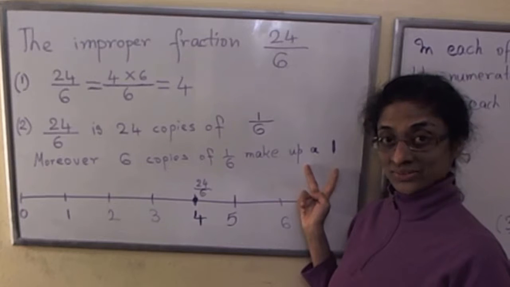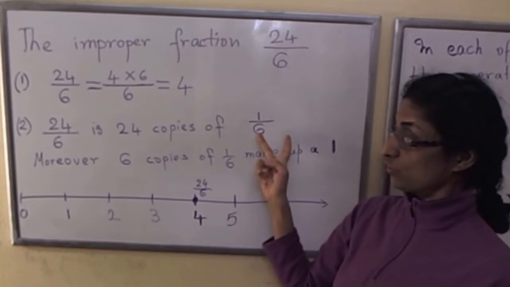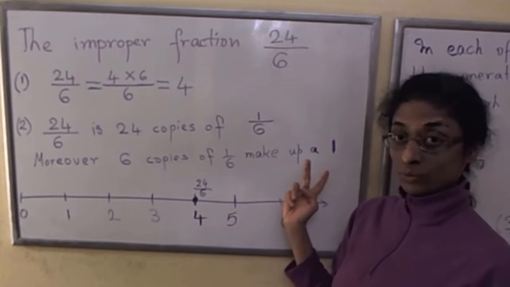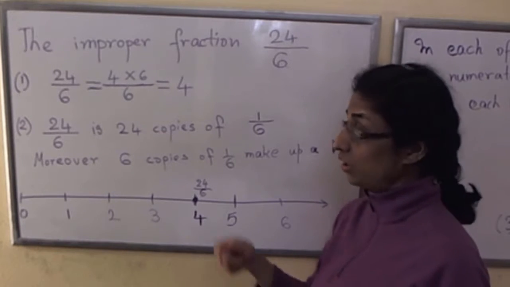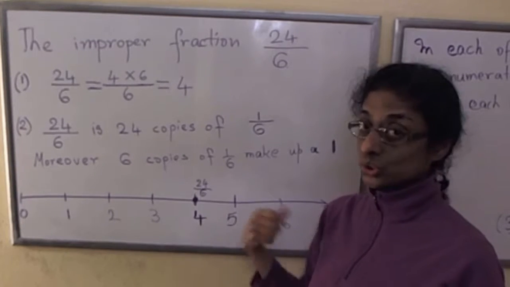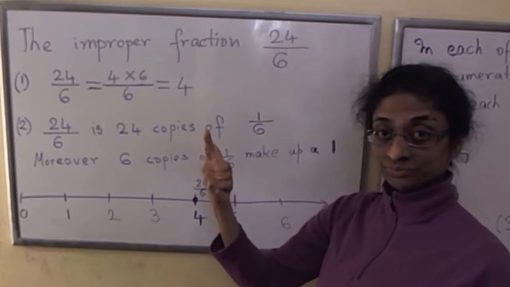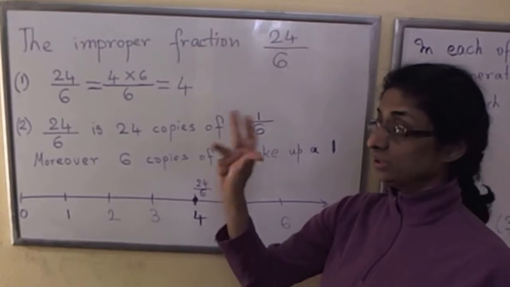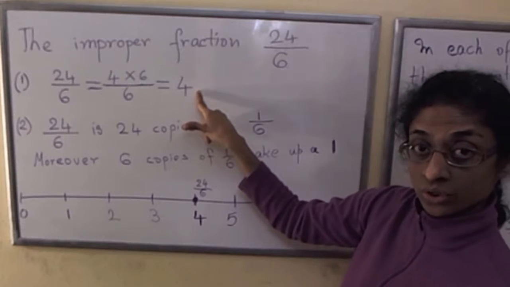So we can ask ourselves how many ones are hiding in these 24 copies of 1/6, where every 6 copies make up a 1. That's really asking how many 6's are there in 24. So let's count in 6. 6, 12, 18, 24. So that's 4. And that is in fact this 4.